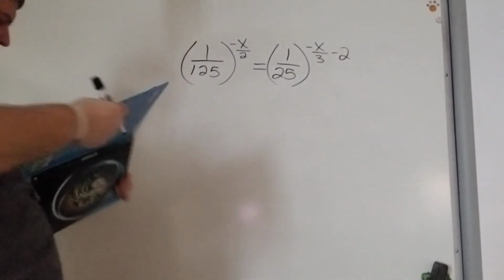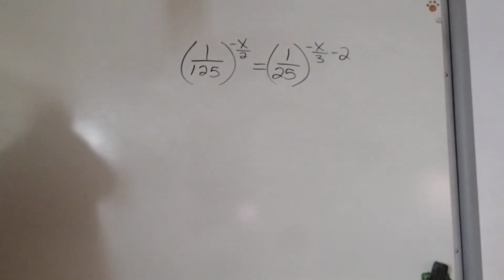Let me make sure those are right, I mean, I could do it either way. I'm trying to do this one that's in your book right here. All right, looks good to me.